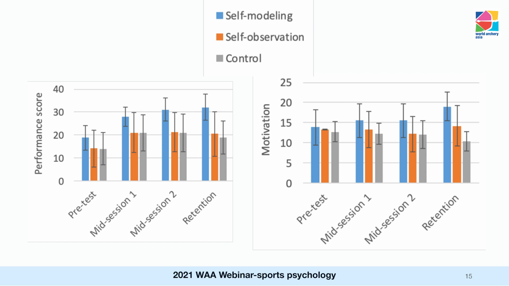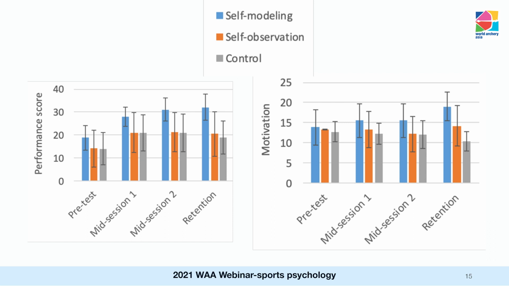the other two groups. The self-observation group also shows a bit higher motivation compared to how they perceived in the beginning. But this difference is not as much as the self-modeling group.